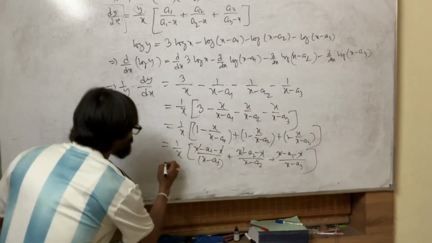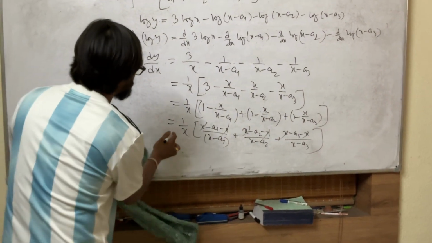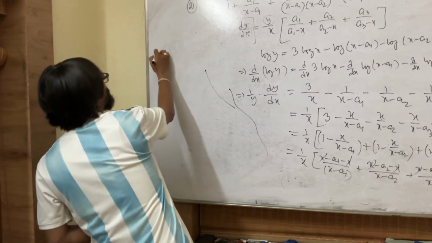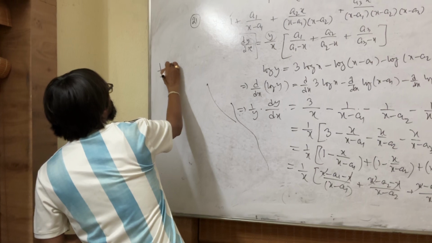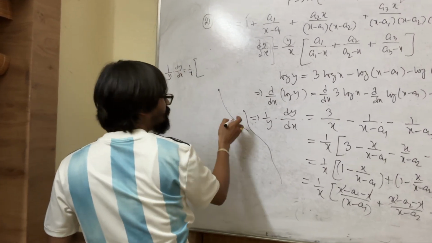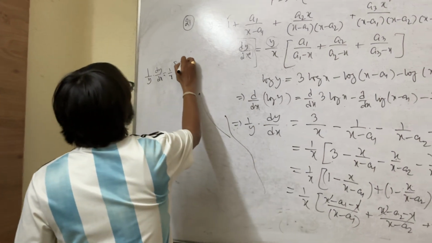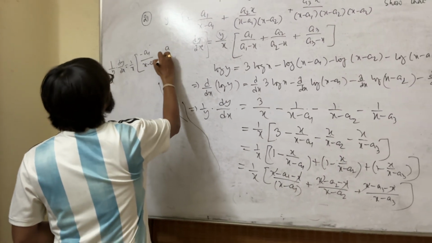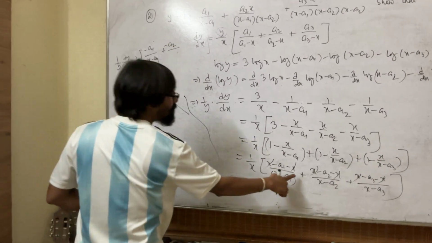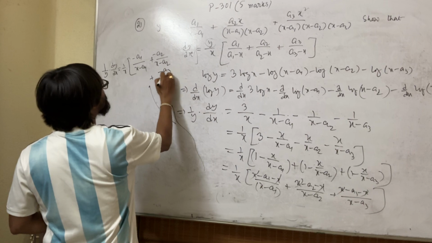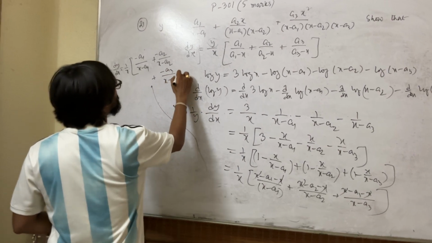So I'm just coming here and writing this expression. So 1 by y dy/dx becomes 1 by x into (minus a1) by (x minus a1) plus (minus a2) by (x minus a2) plus (minus a3) by (x minus a3).